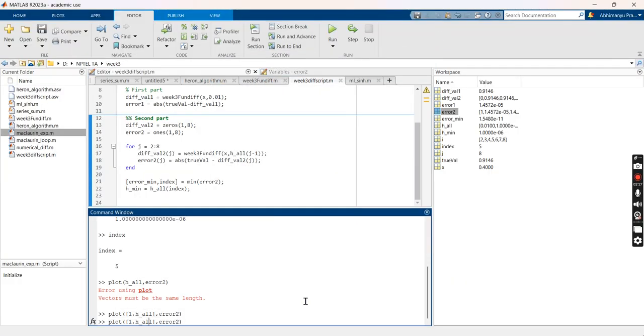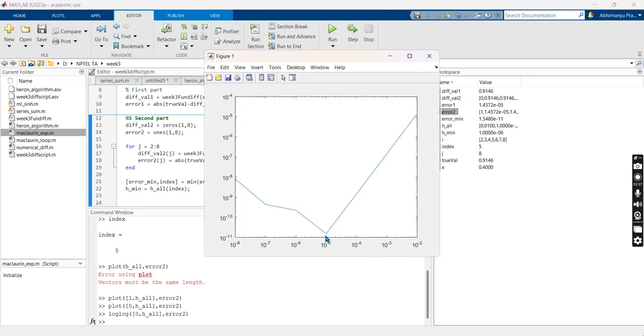Let us make a log plot of this. Yeah. So if I initialize them properly, then still I am getting my minimum at 10 to the power minus 5 only.